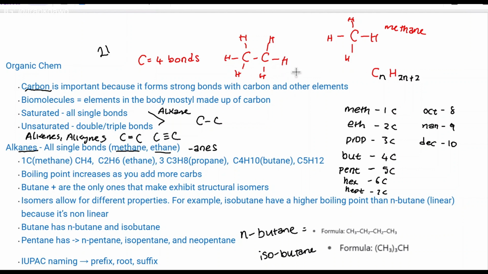The formula is no longer CH4; it would be C2, and the H is 2 times 2 plus 2, so 2 times 2 is 4, plus 2 is 6. That's the amount of hydrogens it'll have.